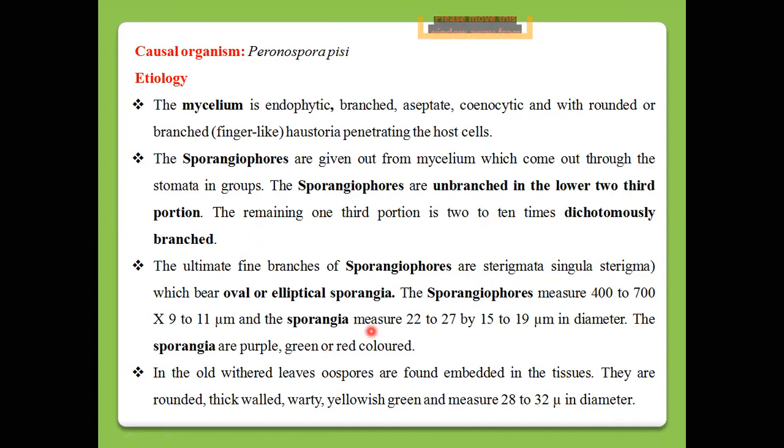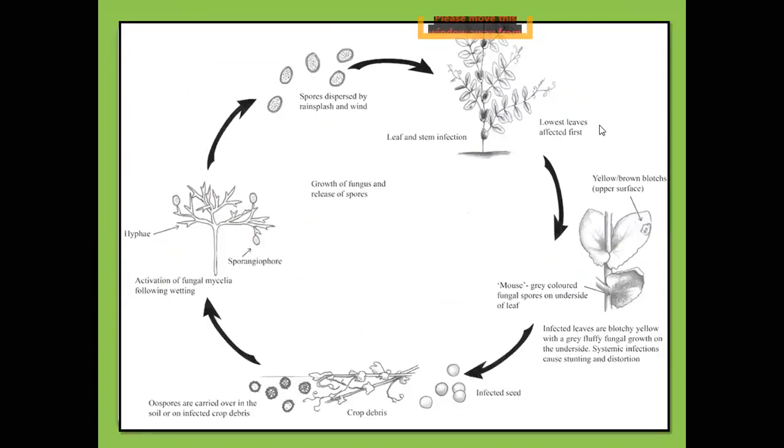Okay, so the other morphological parts are the same. So you see the life cycle of this Peronospora pisi. The infected leaf having yellow chlorotic patches or whitish downy growth is seen. Such infected plants or leaves become debris in the soil.